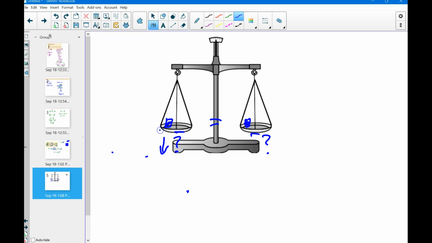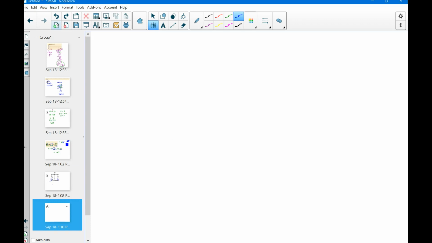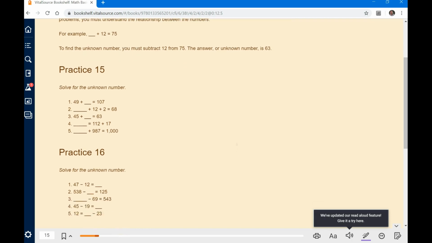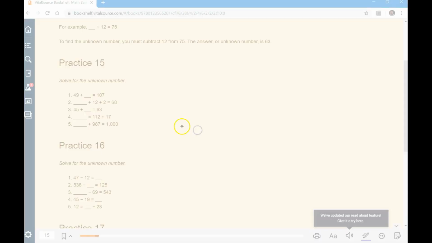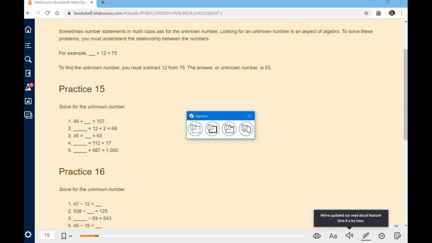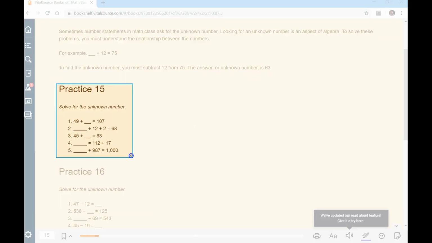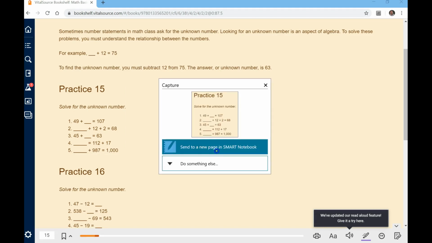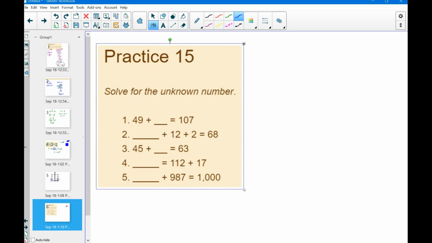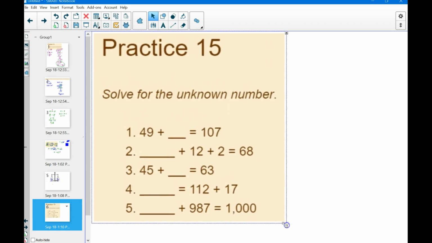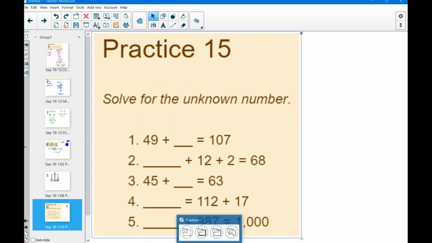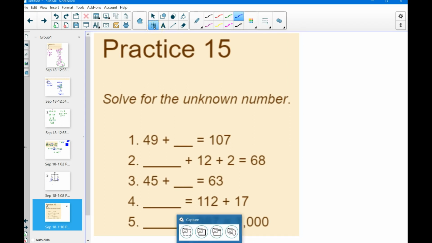So let's take the principle and do a couple more exercises with that. Let's look at the first one.